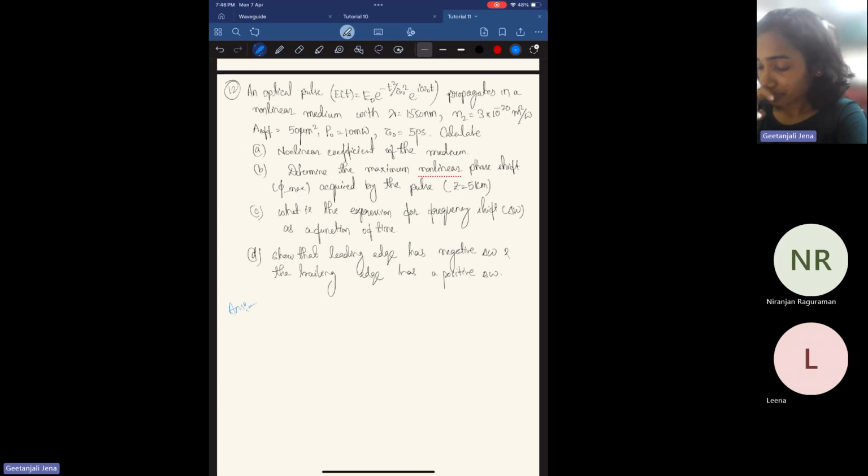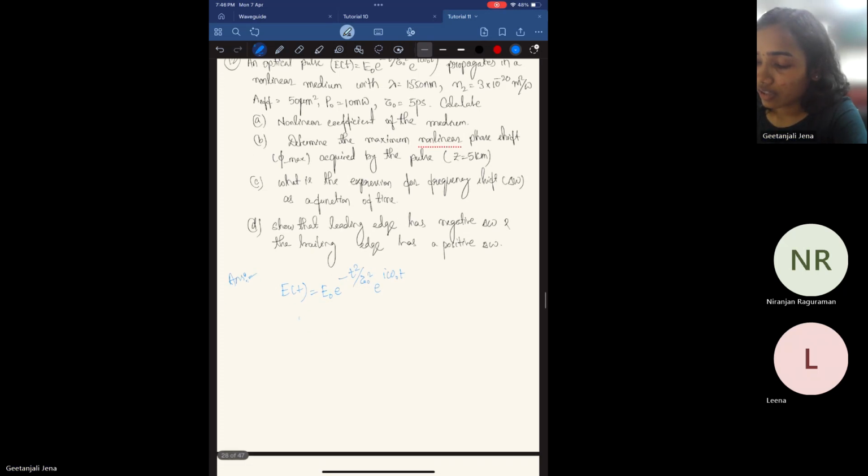Okay. If not, then let us see the last problem. There is an optical pulse whose expression is E0 e to the power minus t square by tau 0 square e to the power i omega 0 t. It propagates in a nonlinear medium with the wavelength of operation lambda 1550 nanometer, and n2 is given as 3 into 10 to the minus 20.